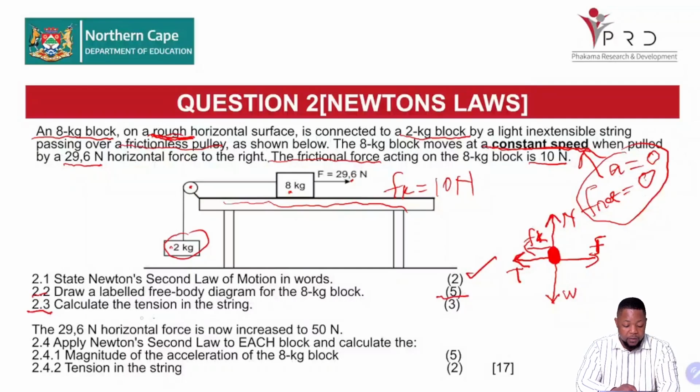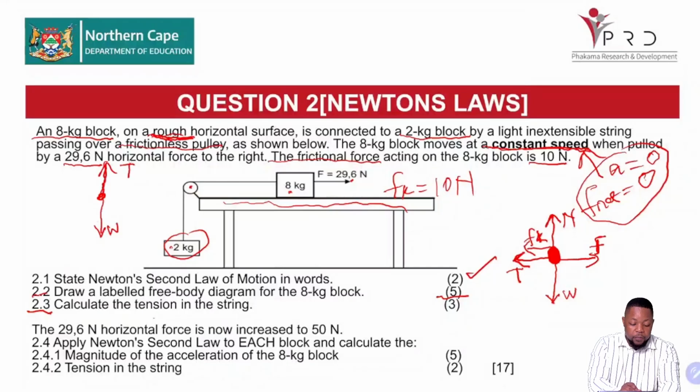We can get the tension force very quickly from the 2 kg block. The free body diagram of the 2 kg block will have the weight and the tension.